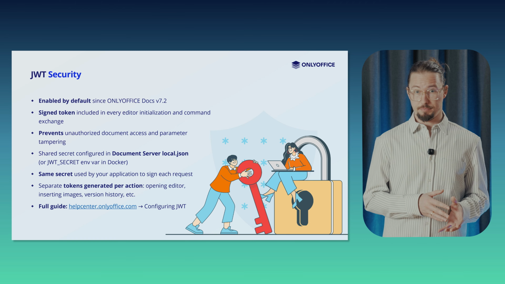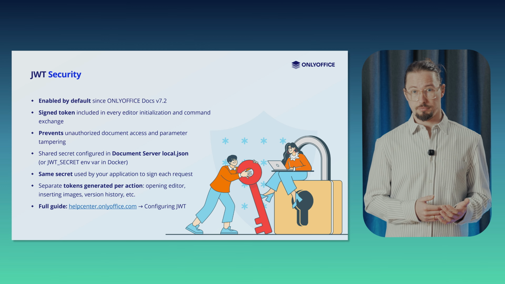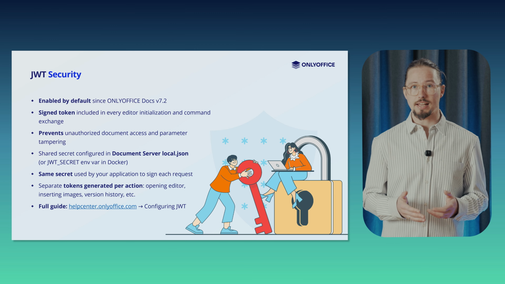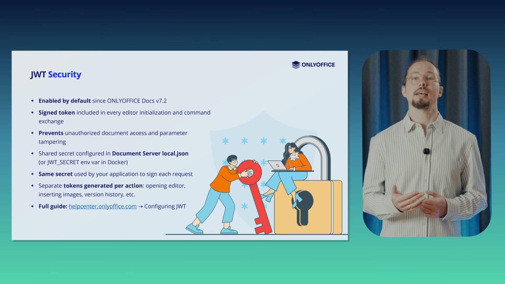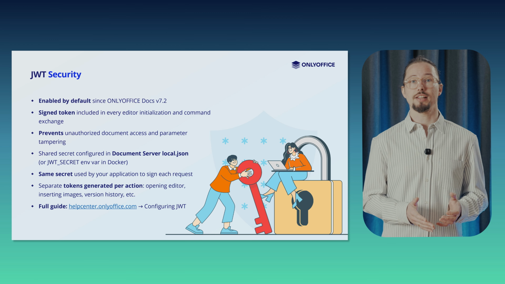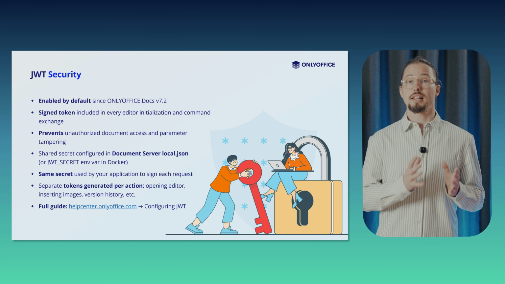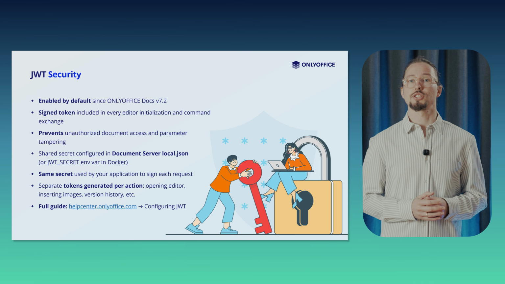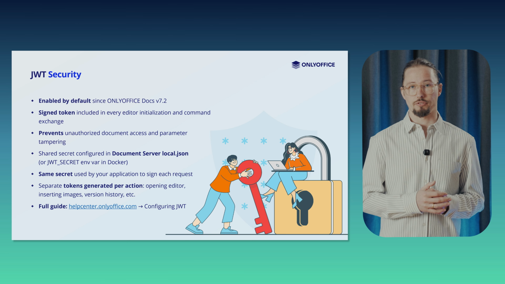Now, security. Since version 7.2, JWT is enabled by default. Every time the editor initializes and every time commands are exchanged between your app and the document server, a signed token is included. This prevents unauthorized access and parameter tampering. The flow works like this. Your server-side code generates a JWT using a shared secret and includes it in the editor configuration.